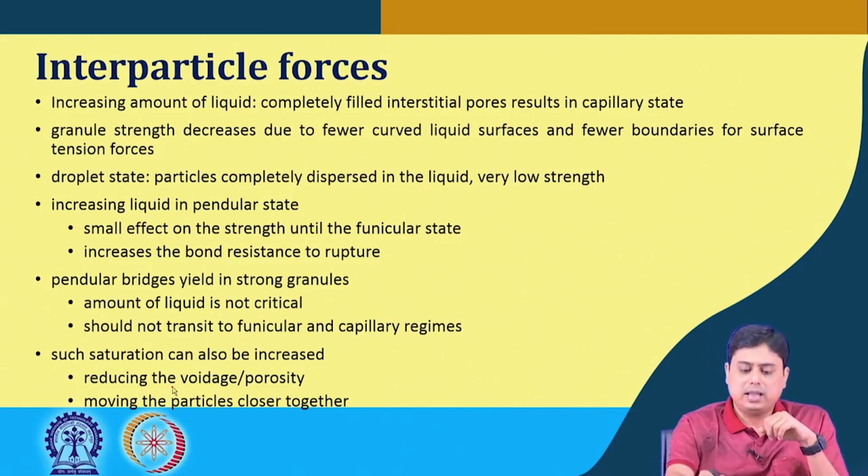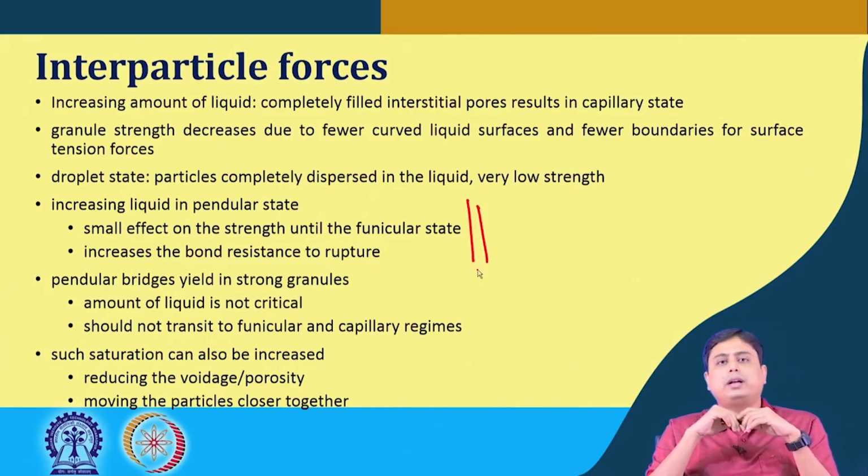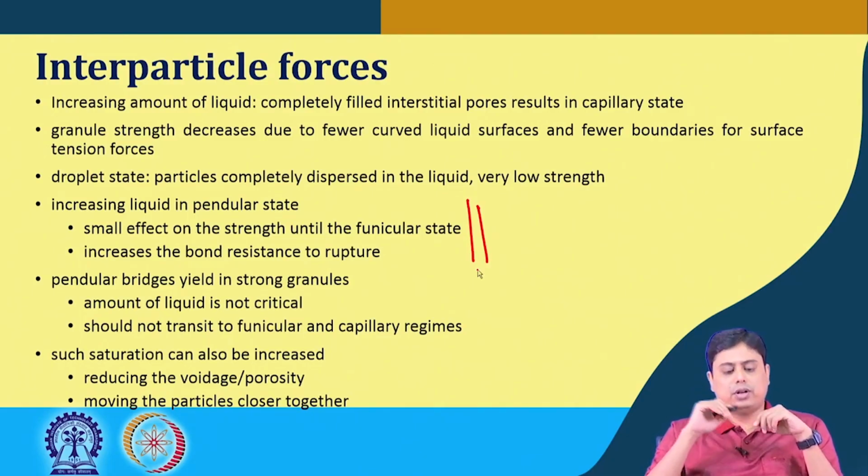because if this state is followed in granulation, it results in strong granules, as the amount of liquid is not at the critical condition, provided it does not transit to the funicular or capillary region.